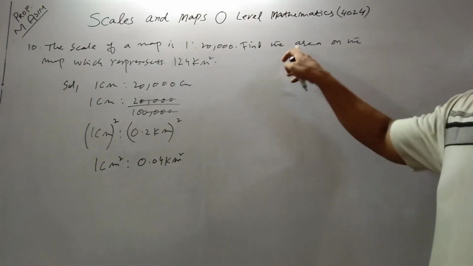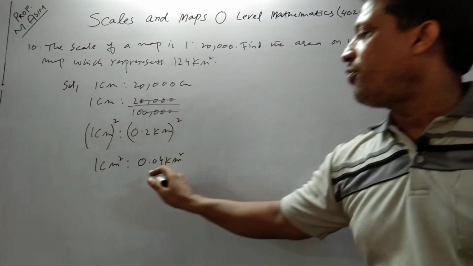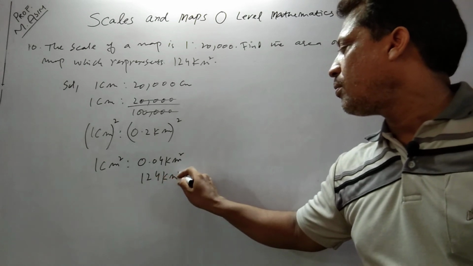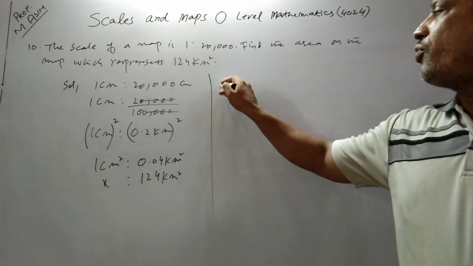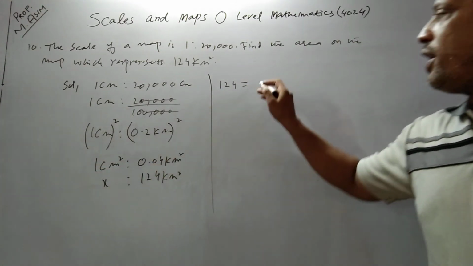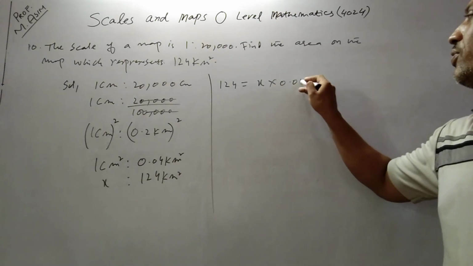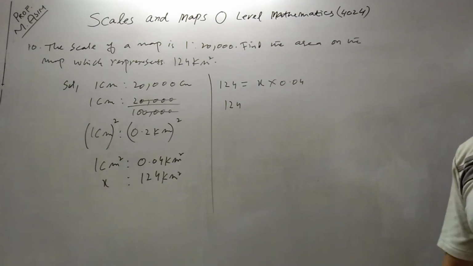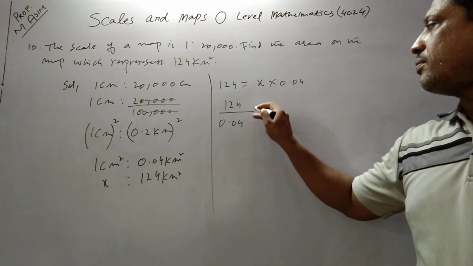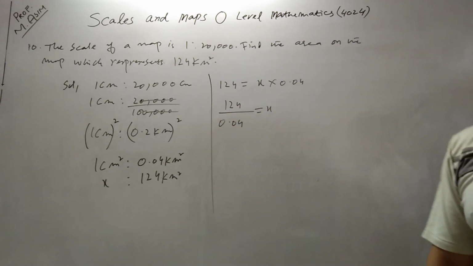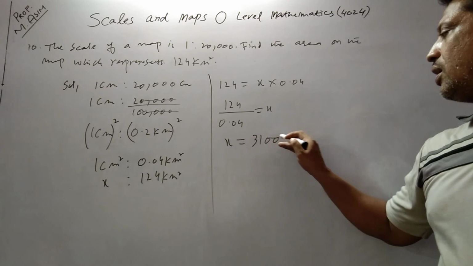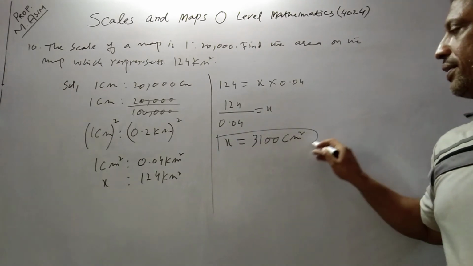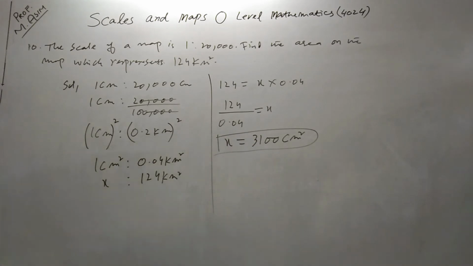The area we want is x. 124 by 1 is 124, x by 0.04 is x into 0.04. Therefore 124 is divided by 0.04, which is 3100. So x is equal to 3100 centimeter square.